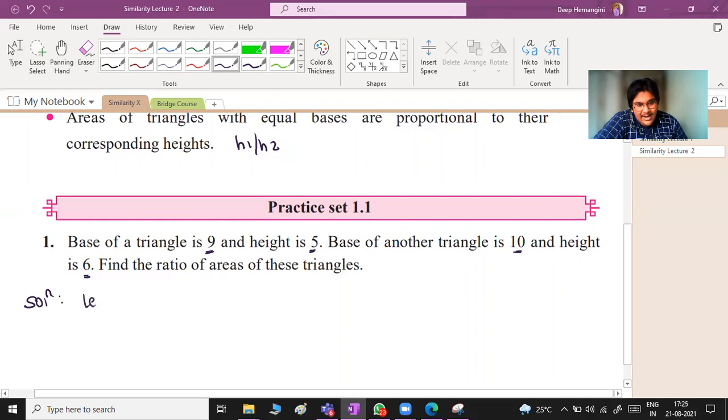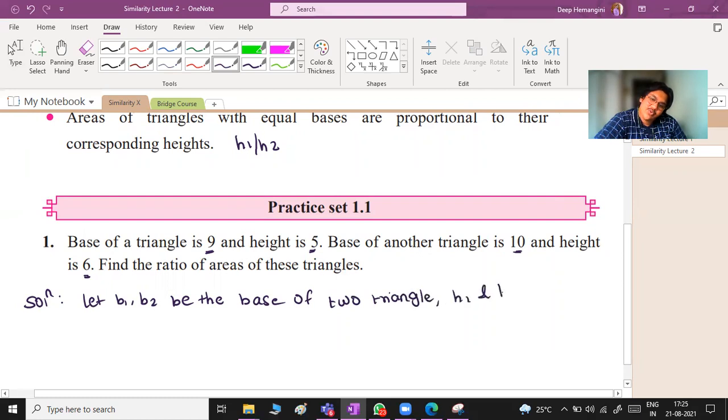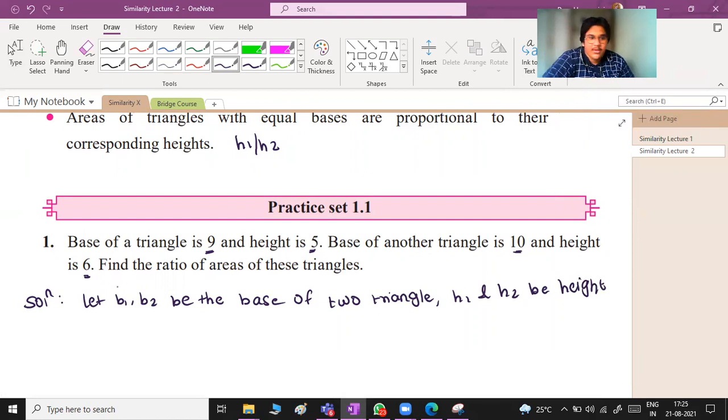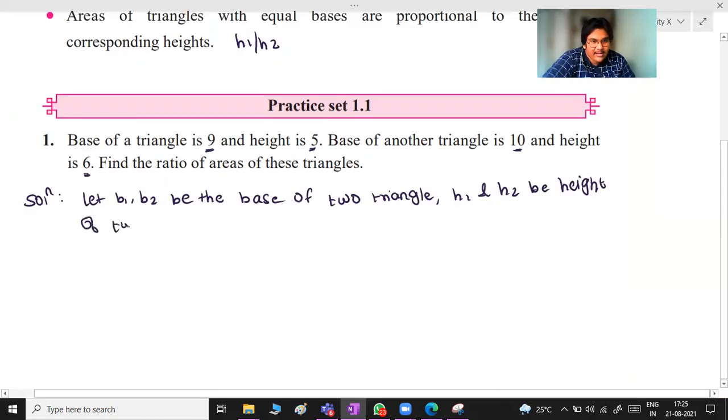In this case, let b1 comma b2 be the base of two triangles, h1 and h2 be the height of two triangles, with area a1 and a2.